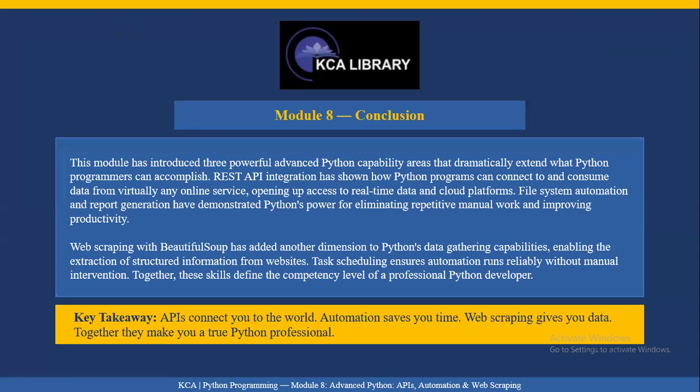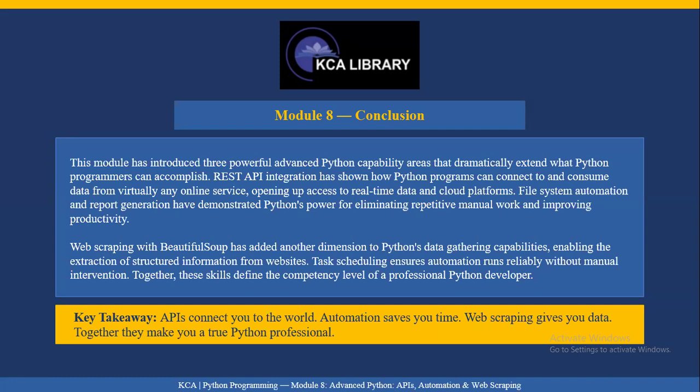Conclusion: this module has introduced three powerful advanced Python capability areas that dramatically extend what Python programmers can accomplish. REST API integration has shown how Python programs can connect to and consume data from virtually any online service, offering access to real-time data and cloud platforms. File system automation and report generation have demonstrated Python's power for eliminating repetitive manual work and improving productivity.